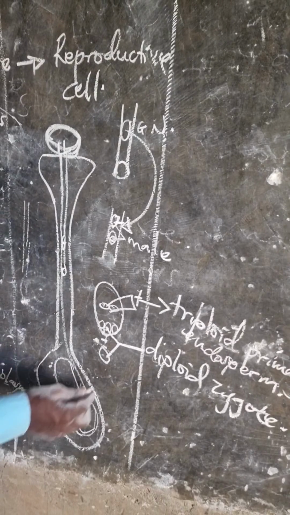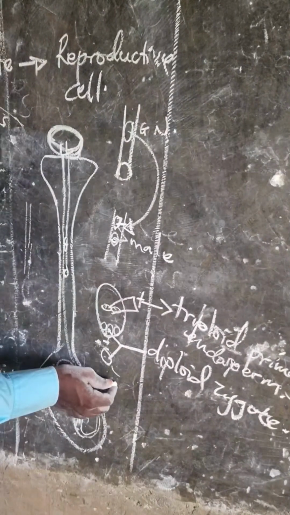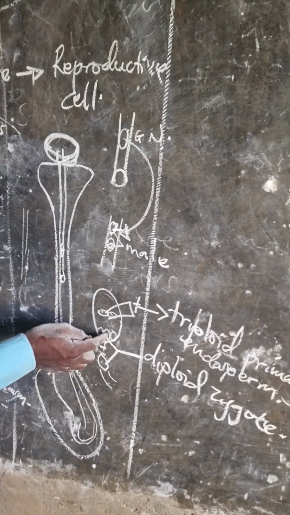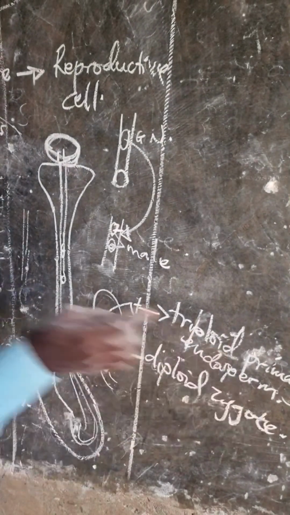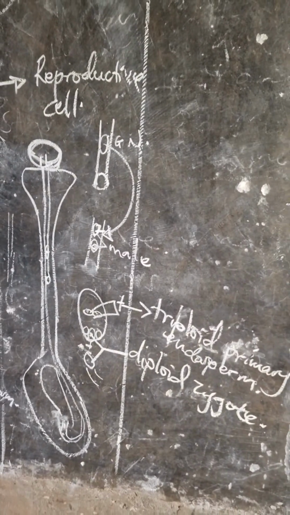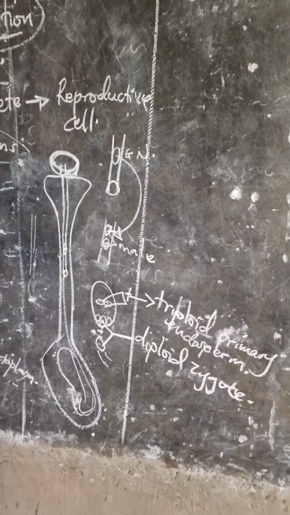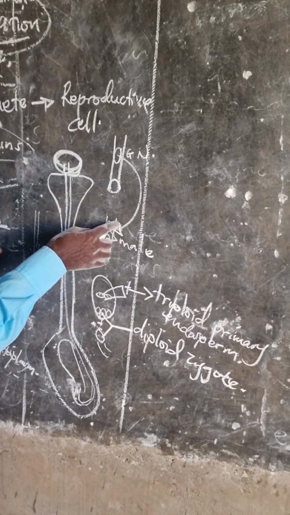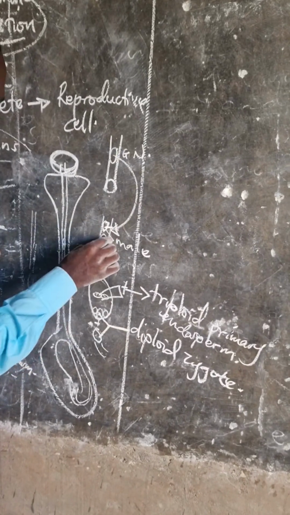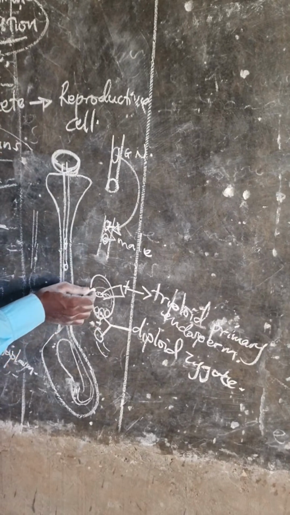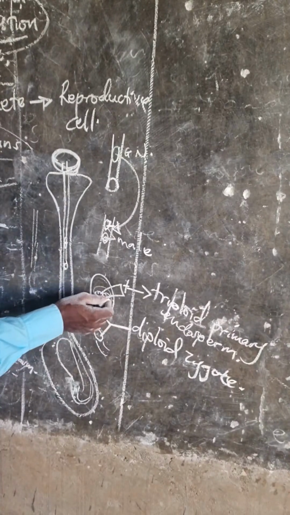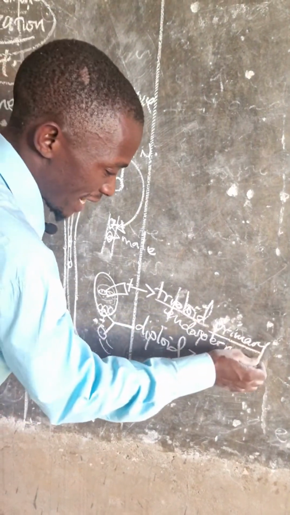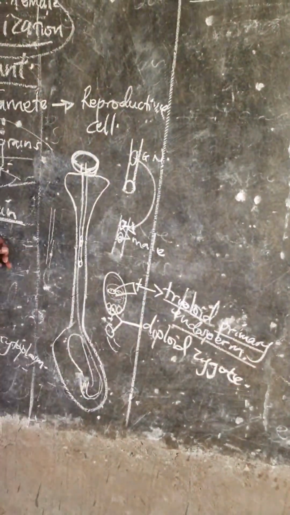When it disappears, one of the male nuclei fuses with the egg cell to form a diploid zygote. Then, the second male nucleus that is remaining in the pollen tube fuses with the polar nuclei in the middle of the embryo sac to form what we call the triploid primary endosperm.